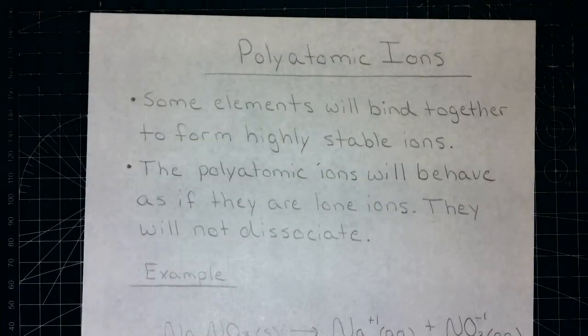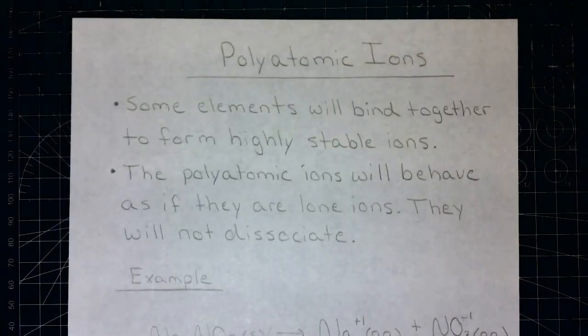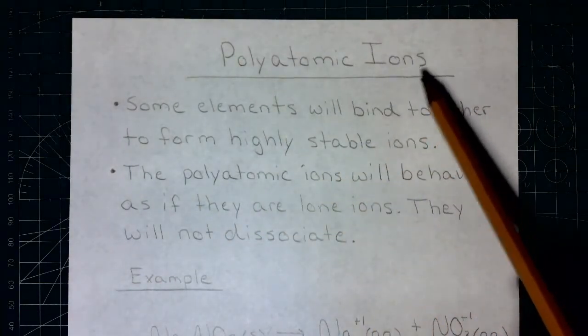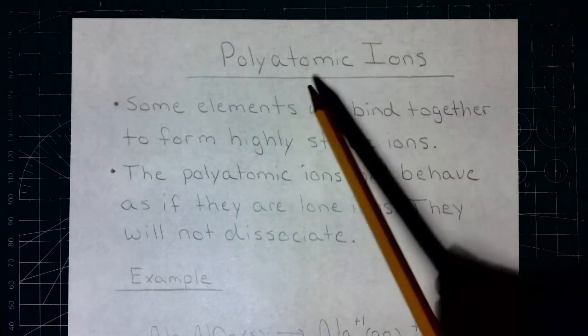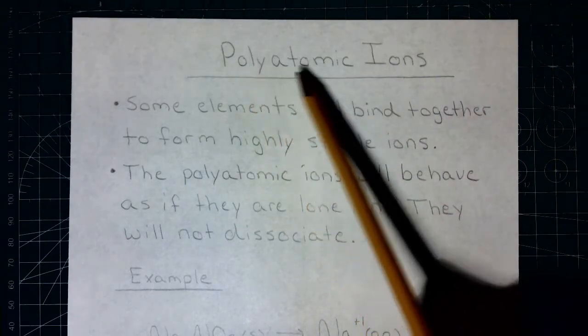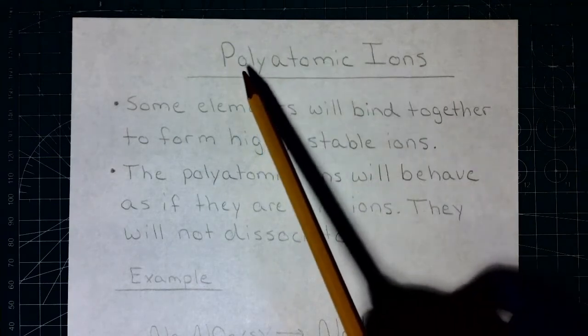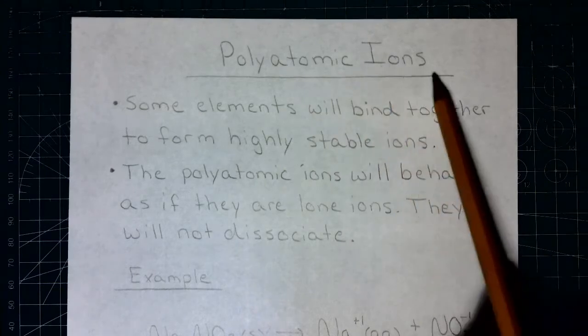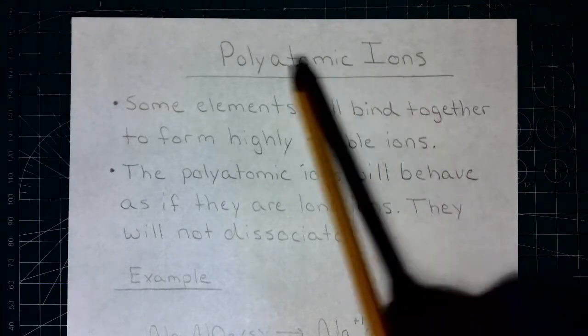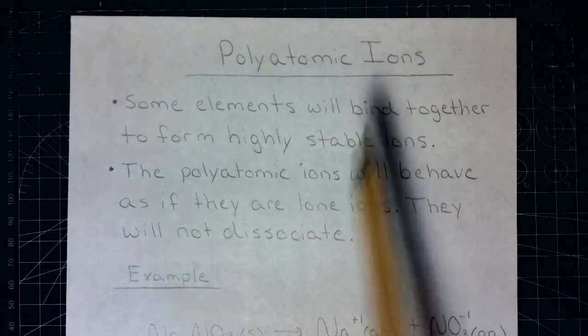Okay, so this is where ions and identifying ions is going to get a little tricky. There are these things called polyatomic ions. So poly meaning many atoms, and they're forming an ion. So this is an ion that's formed out of more than 1 atom.